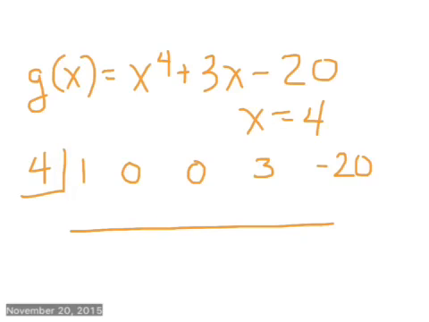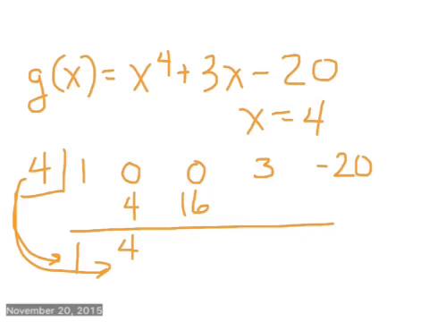All right, now the process. Drop the 1. Then 1 times 4. Insert it, add it. What's 0 plus 4? Multiply it. What's 4 times 4? Insert it, add it.